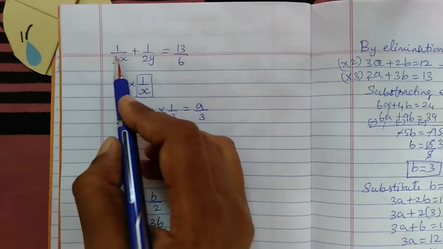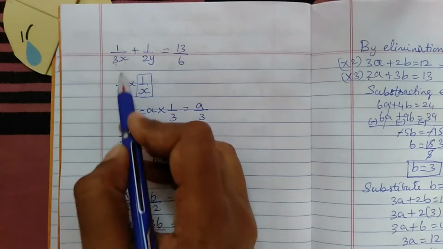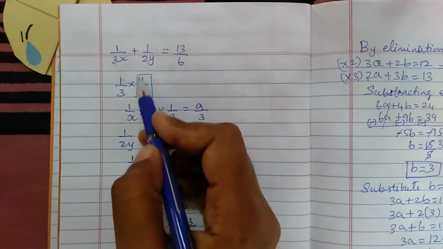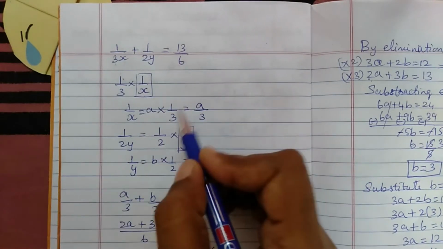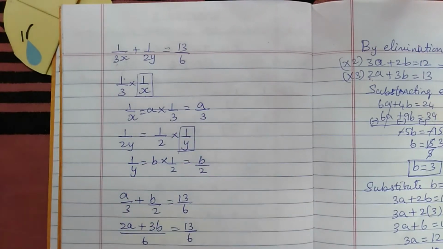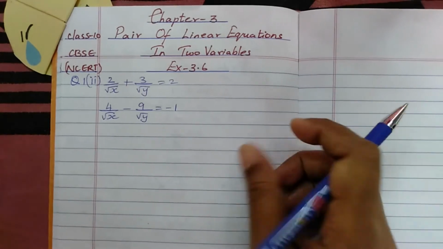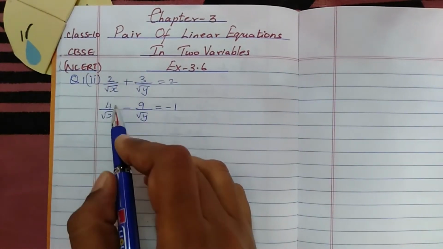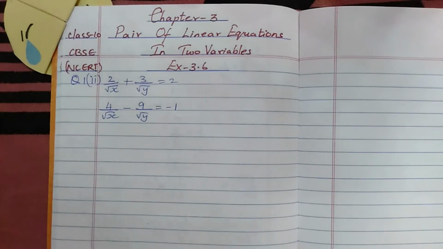This 1 is common for both, so it can be split in this way: 1 by 3 into 1 by x. And then we gave 1 by x a value a, and then we found the value for a, and then later on x. So, the same way, what we need to do here is split each term into 2 and then give it a value like the previous sum.